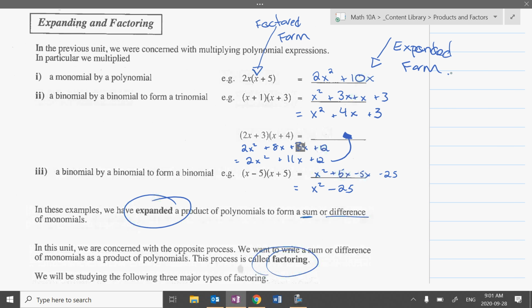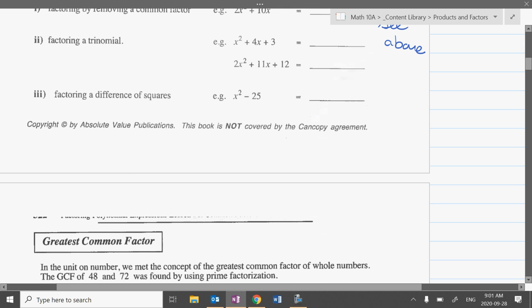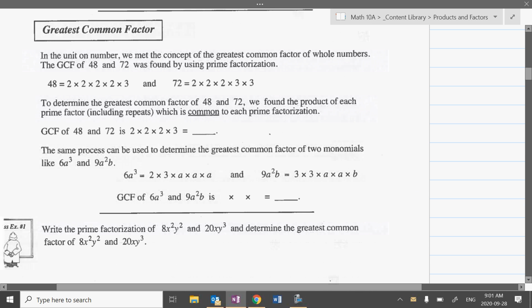Turn the page. So today we're going to be focusing on the greatest common factor and using that to start our factoring out with. Greatest common factor, what is a factor?